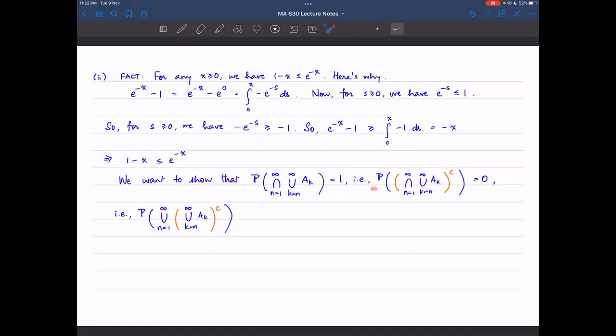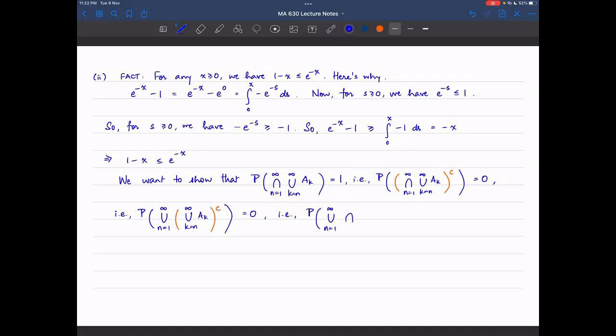Okay, so far I've just used De Morgan's laws. Basically I've said that the complement of the intersection is the union of the complements. Now I'll use De Morgan's laws once again. I want to show that this is 0, i.e., I want to show the union, n going from 1 to infinity, and now again I'll use De Morgan's laws and say the complement of the union is the intersection of the complements.